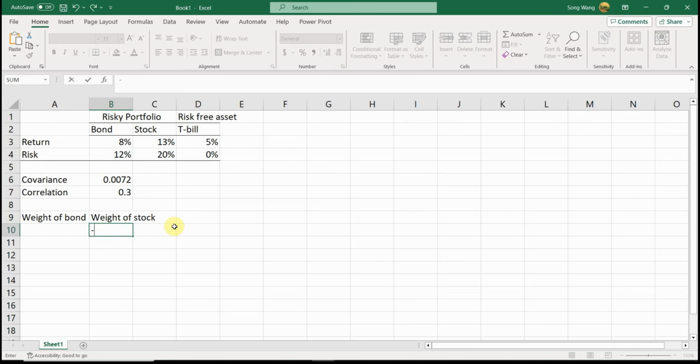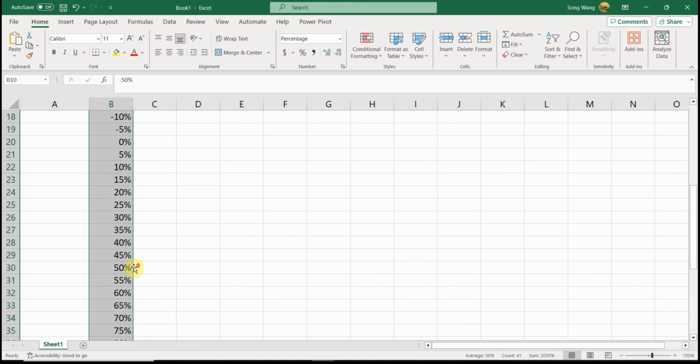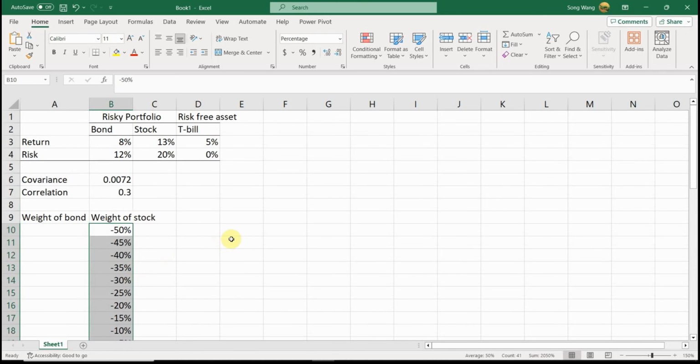So I just put negative 50% right here, and I want it to change by 5% increments, from negative 50 to negative 45 all the way to 150. It can be 150 because I can trade on margin, so I can buy more stocks than the money I have from my own pocket.